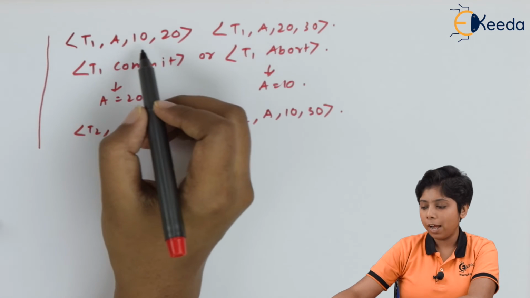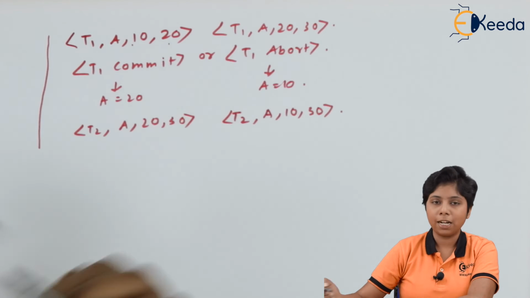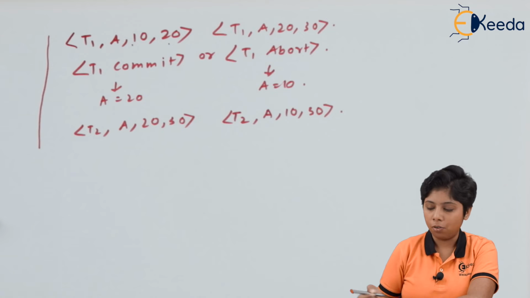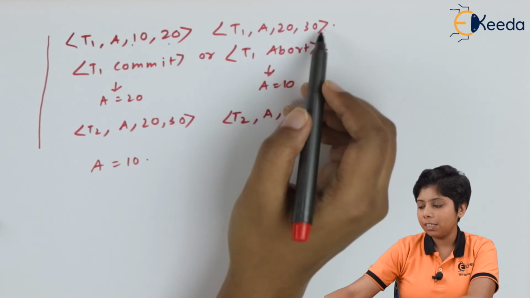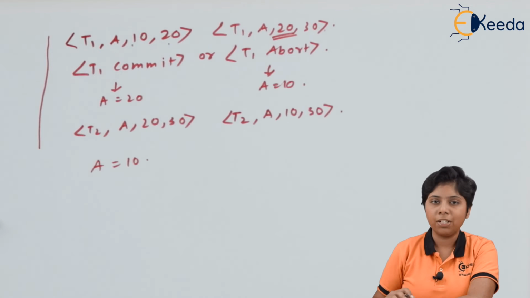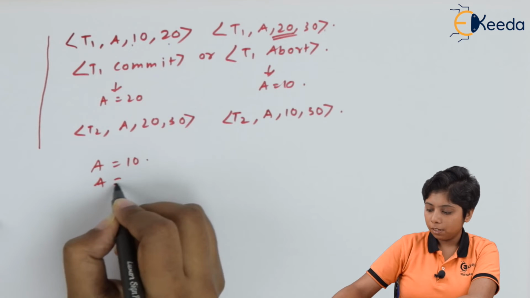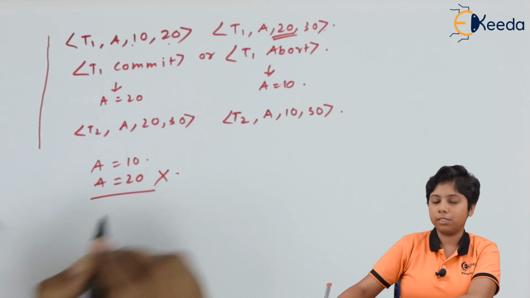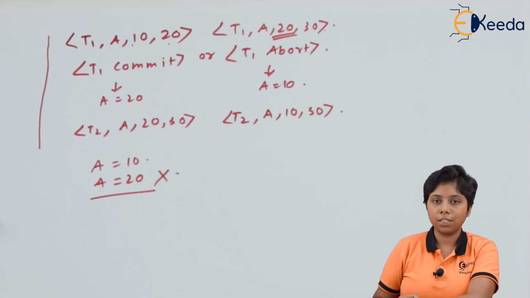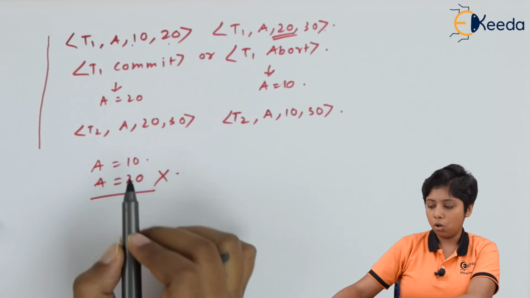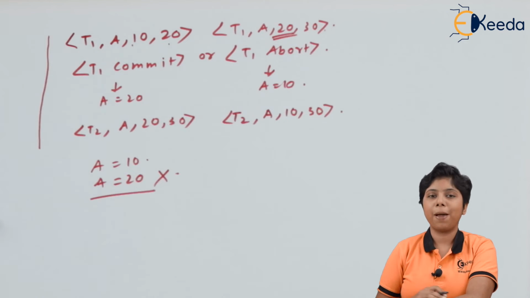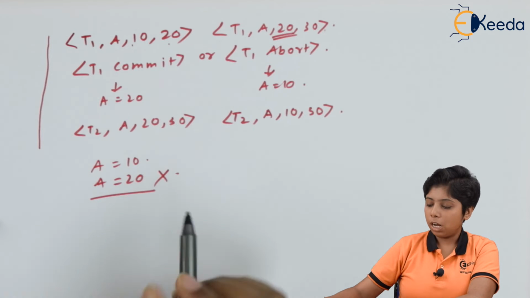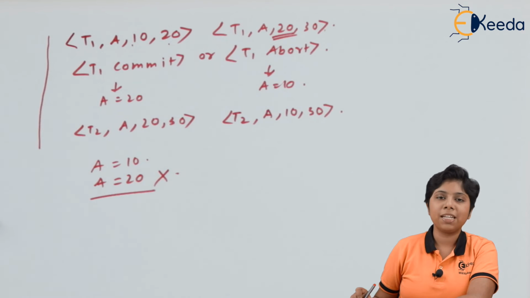First we have 10 20, that means the previous value is 10, so A has 10, and after that 20 30, so my A has 20, which is not a correct result because the old value was 10, which was modified to 20, so that we can modify back to 30. Now my A has 20, which is an inconsistent and incorrect result.